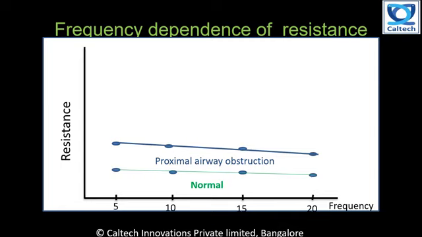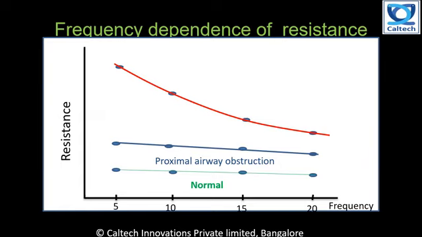Now let's take a look at another scenario over here. You can see that the resistance at 5 Hz is increased as compared to the normal. At the same time, the resistance at 20 Hz is also increased compared to the normal.